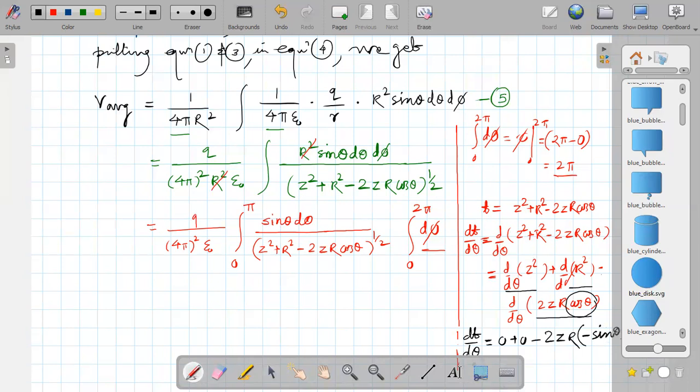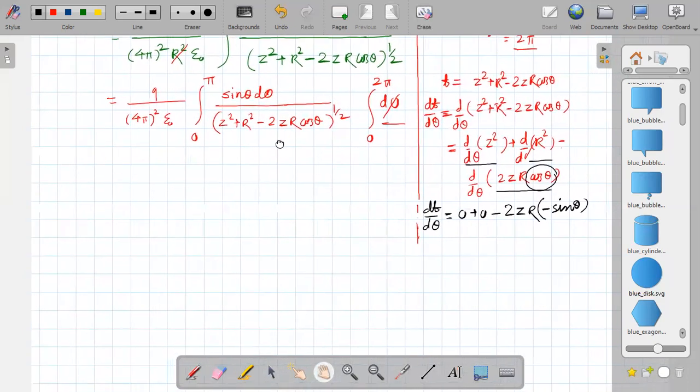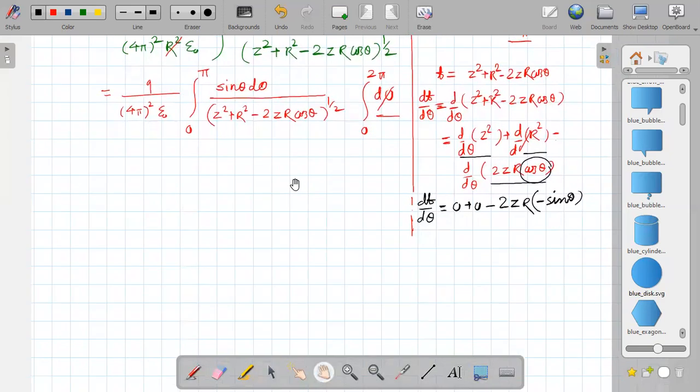Okay, and therefore we can write dt upon d theta is equal to 2zr sine theta.